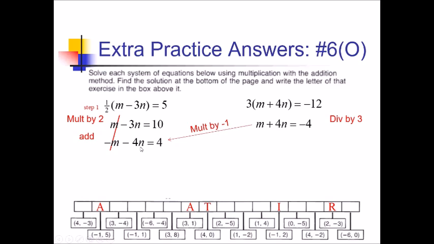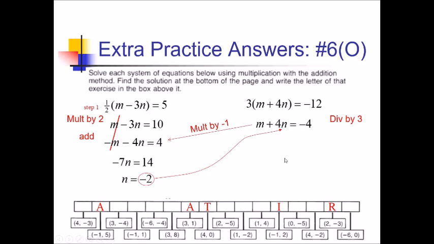-3n and -4n gives me -7n, and conveniently we have 10 plus 4 giving us 14, which is divisible by 7. So 14 divided by this -7 gives us an n value of -2. Now I'm going to plug that back into one of these equations. I'm just going to pick this one because I've got the space over here.